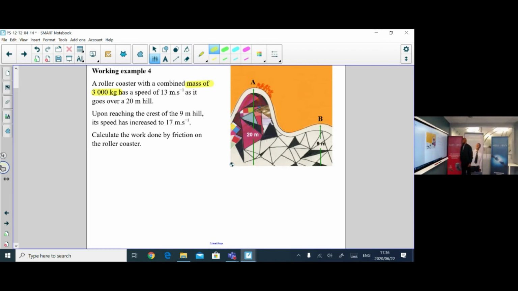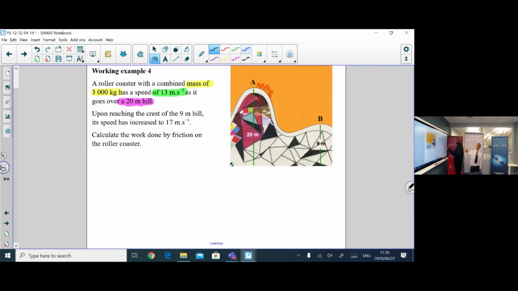There's a speed, in other words, we have this initial speed of 13 meters per second, as it goes over a 20-meter hill. We have been given also the height, as indicated on this diagram. We have A here and this height here. The height that we have is 20 meters.